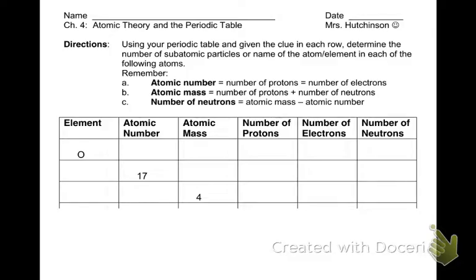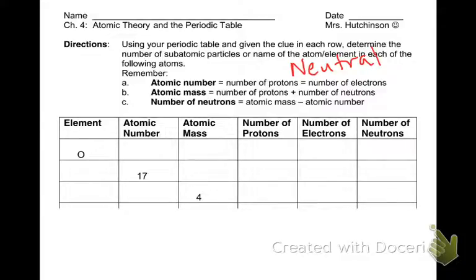So now what I want us to do is work on this particular worksheet. Using your periodic table and given the clue in each row, determine the number of subatomic particles and the name of the atom or element in each of the following atoms. So, atomic number, I gave you these definitions, you're welcome for that. Atomic number is equal to the number of protons, and because all atoms are neutral, it's also equal to the number of electrons.